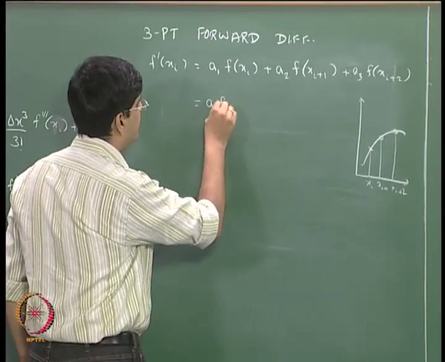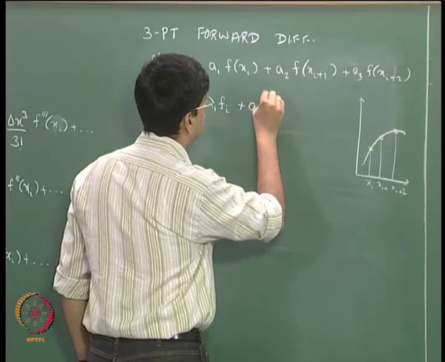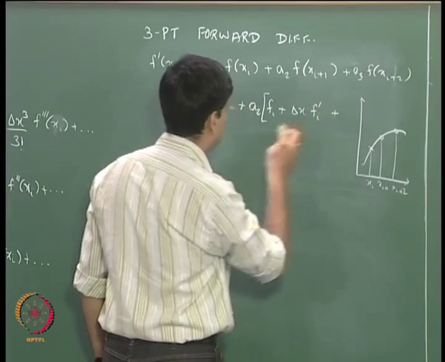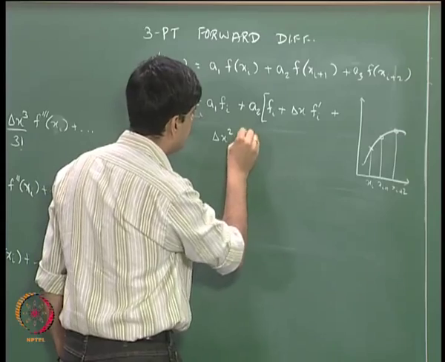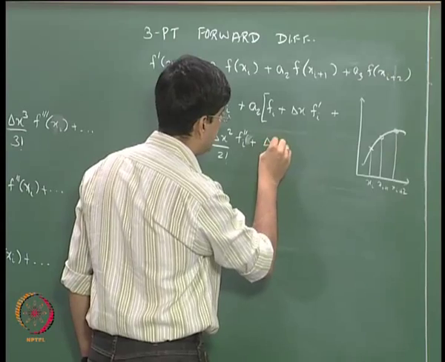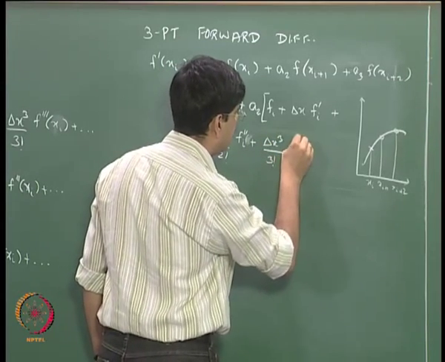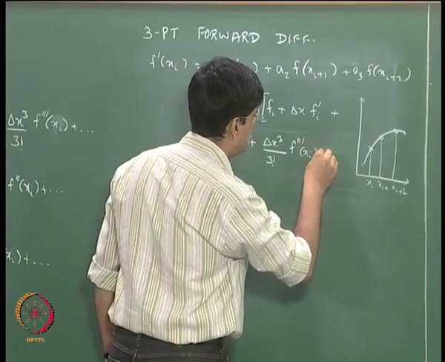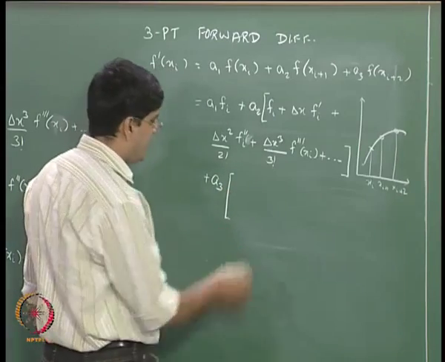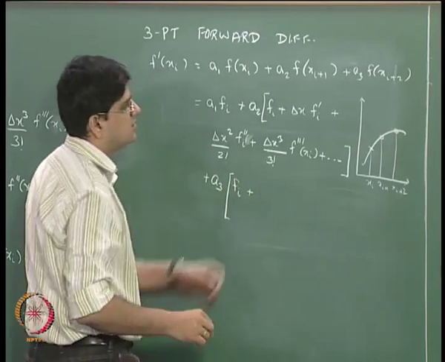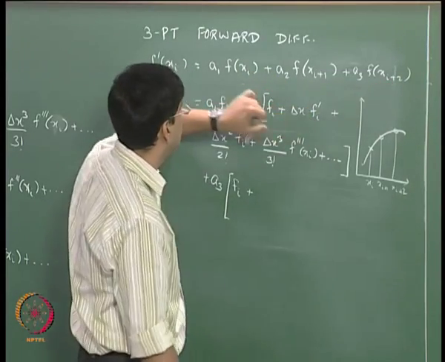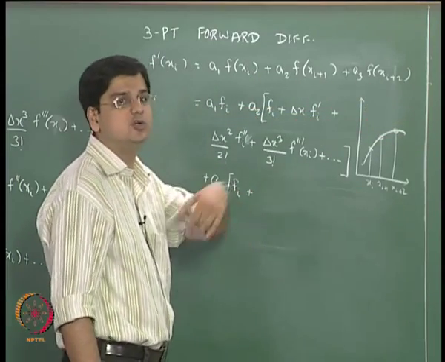So we will have a1 fi plus a2 multiplied by fi plus delta x f dash of I plus delta x squared f double dash of I by 2 factorial plus delta x cube divided by 3 factorial f triple dash of xi plus dot dot dot, plus a3 multiplied by fi plus, now in this particular case the difference between xi and xi plus 2 is 2 times delta x.